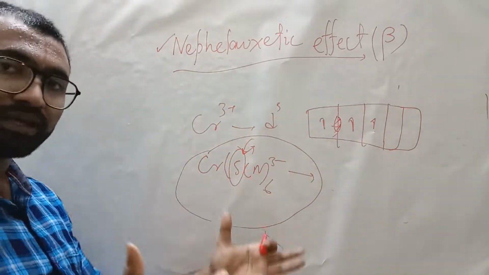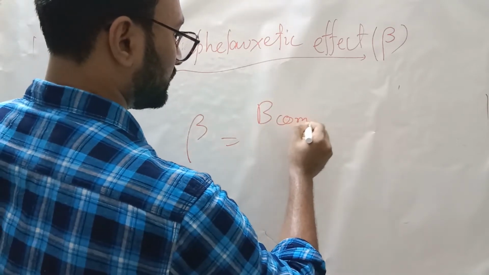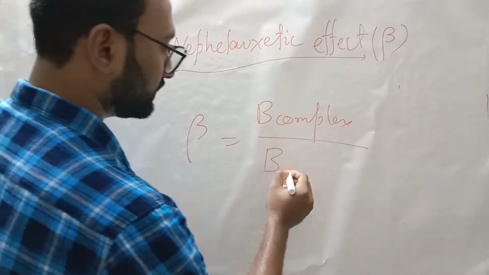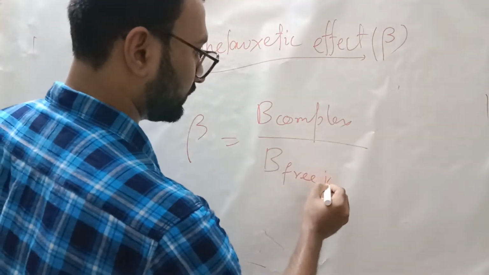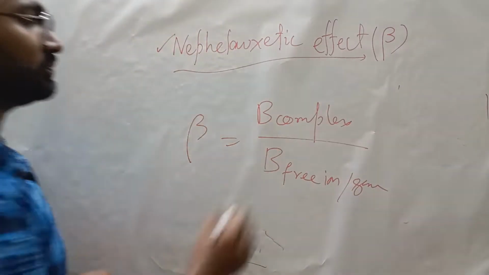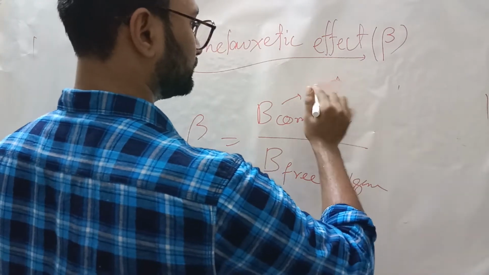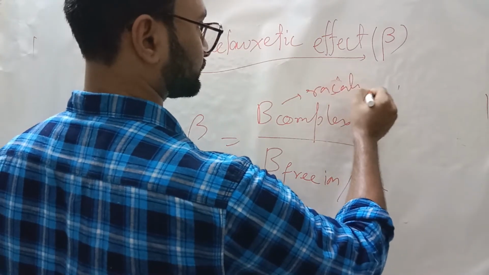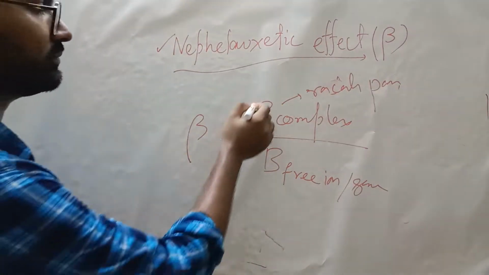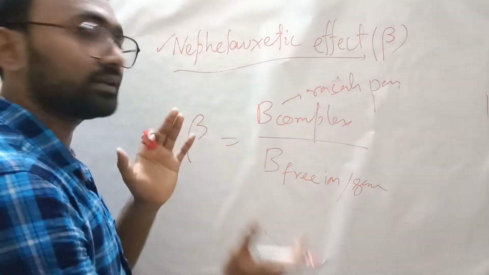So they get more space, expressed by the ratio of B in the complex and B in the free ion, or in the gaseous state. So what is B? B is the Racah parameter, and it measures the inter-electron repulsion between the terms.